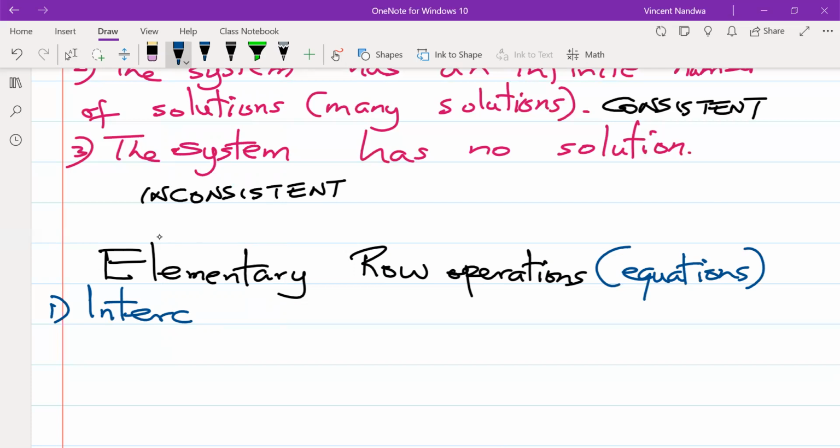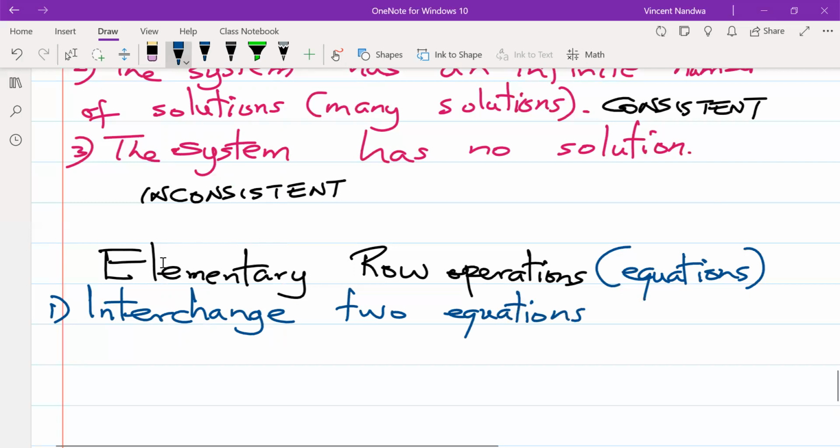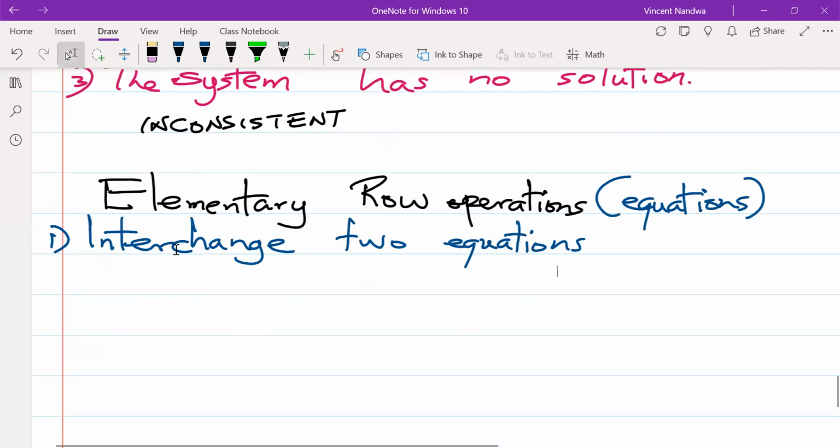So the first case, interchange two equations. So you can interchange two equations to see how you can convert a system into an equivalent system that is easier to solve.